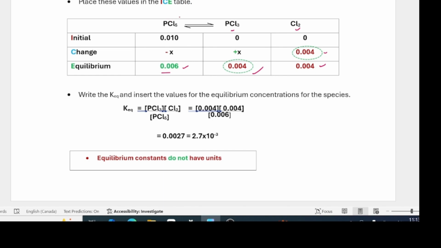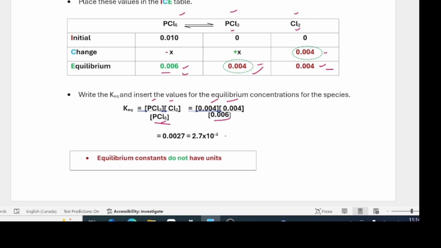So if this is our reaction here, we all know how to express the equilibrium constant expression for that, which will be equal to the concentration of that times the concentration of that over the concentration of PCl5. Inserting the values for all of these into that expression, it is going to be what these are, that there and that there, divided by what this is, which is this, okay?